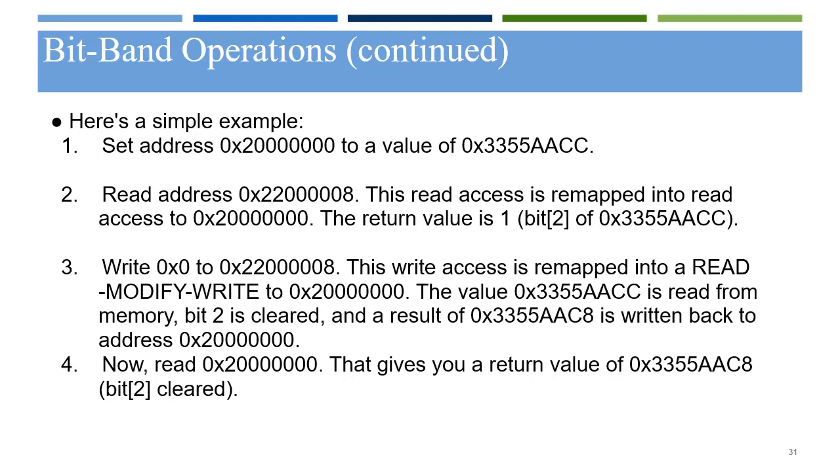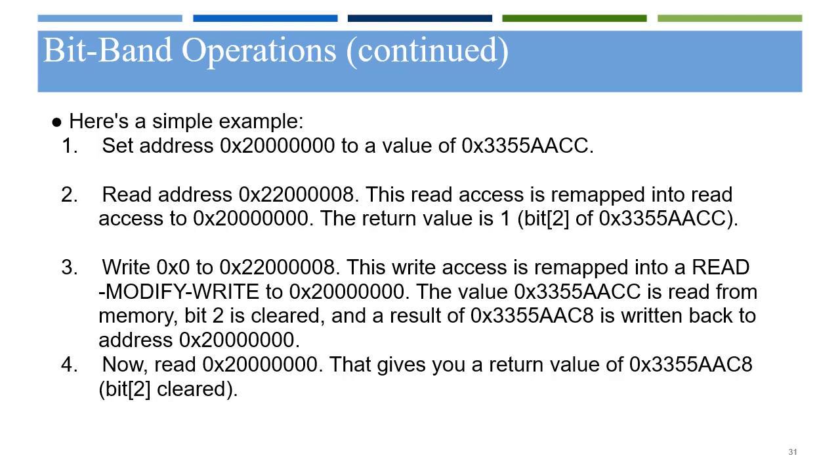We now will perform a write to 22000008. This write access is remapped into a read-modify-write to 20000000. The value 3355 AACC is read from the memory.